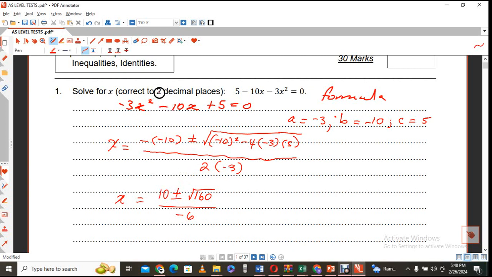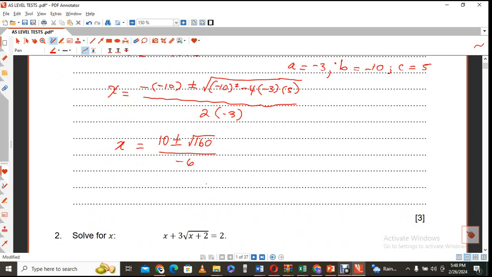As I said, it's two decimal places, which means whatever is under the square root, the discriminant, would not be a perfect square number. So one answer would be -3.77, and the other answer would be 0.44. Just be very careful when you're dealing with this negative value in your equation.